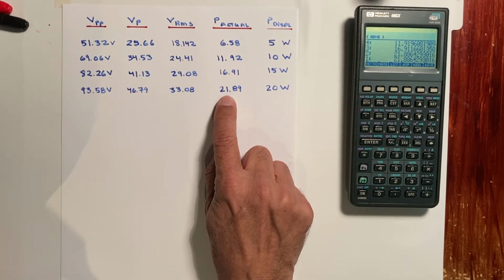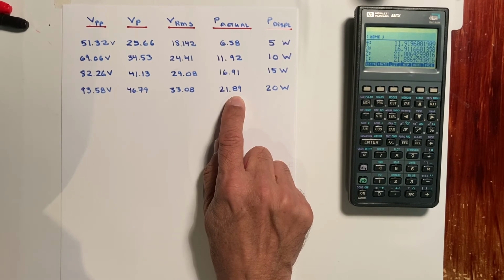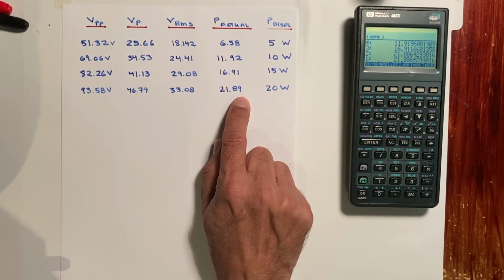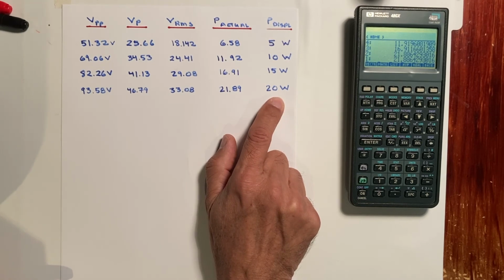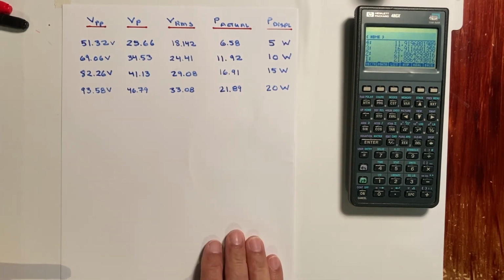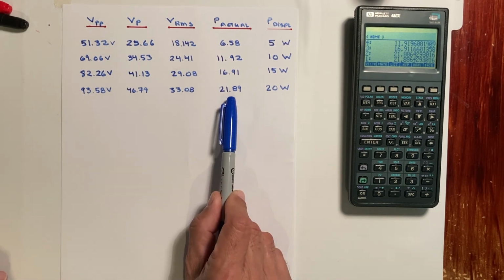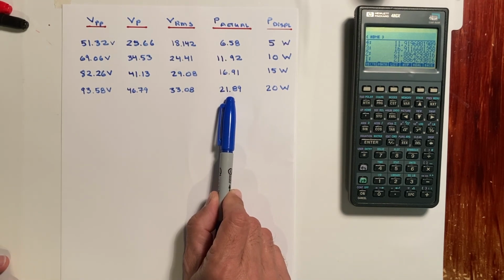So I rounded up to 21.89. And that's the actual power that we're measuring with our experimental setup, and that compares, as expected, a little bit higher than what is displayed on the Xiegu G90, which is 20 watts. So that concludes this experiment. We've essentially used an experimental setup to measure our actual power output by a transceiver using a dummy load and an oscilloscope.